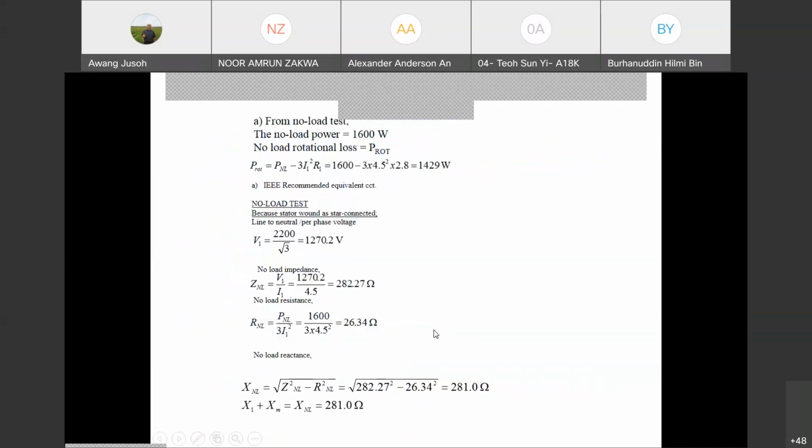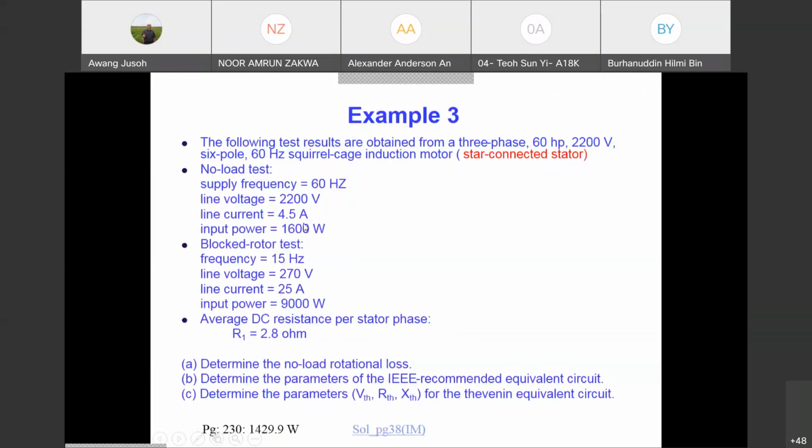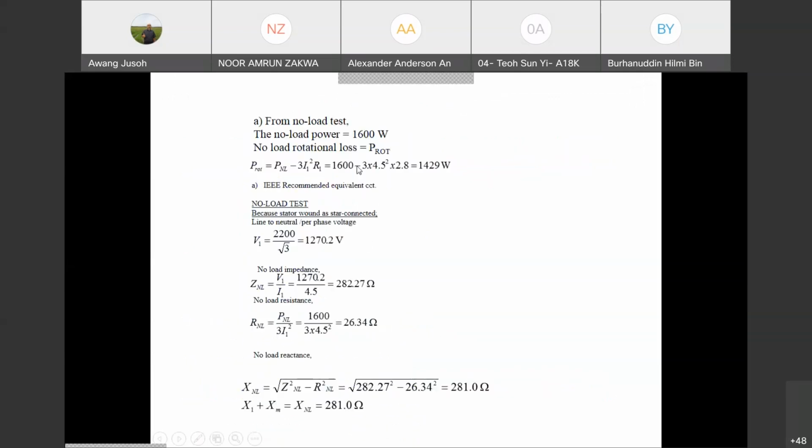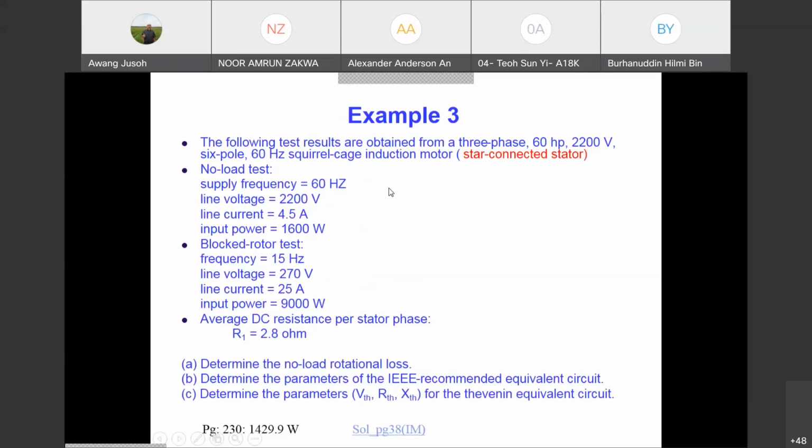Okay, let's go there. This is the no-load test. How much was the power just now? 1600 watt, total power. So we know that the I1 that flows in the stator is 4.5 amp, and this current will make the stator copper loss, or stator winding loss. So I squared R, R1 equals 2.8 ohm, given there.